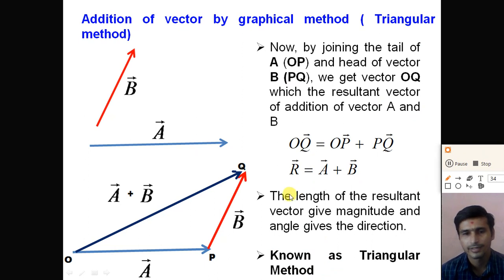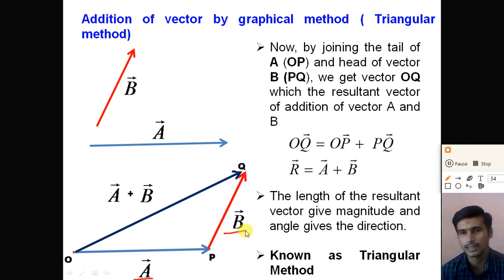Now the next step is joining the tail of the first vector, that is O of the vector OP, and the head of the second vector, the head of the vector PQ, Q. By joining the tail of the first vector and the head of the second vector, we get a vector OQ, which is the resultant vector obtained by the addition of these two vectors, vector OP and vector PQ.